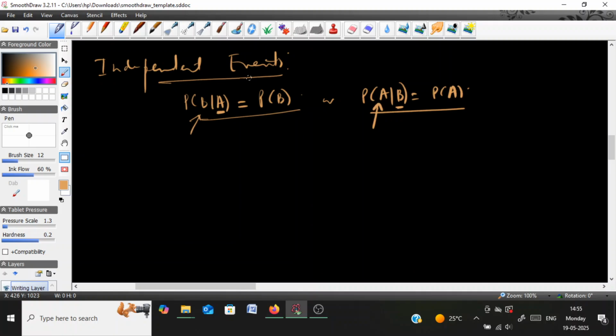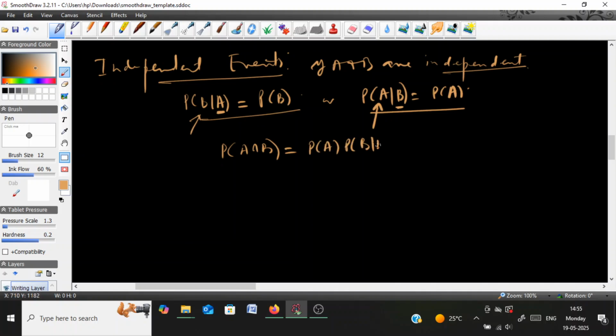Now, if two events A and B are independent, then of course we have already seen that probability of A intersection B is given by the probability of A into probability of B given A.